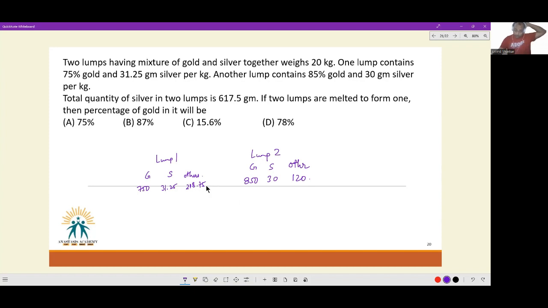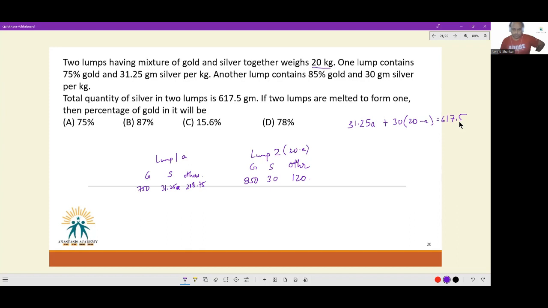Okay. So let there be A kg of this. So there will be 20 minus A kg of this, because the two lumps together add up to 20 kg. So 31.25A plus 30 into 20 minus A is equal to 617.5.